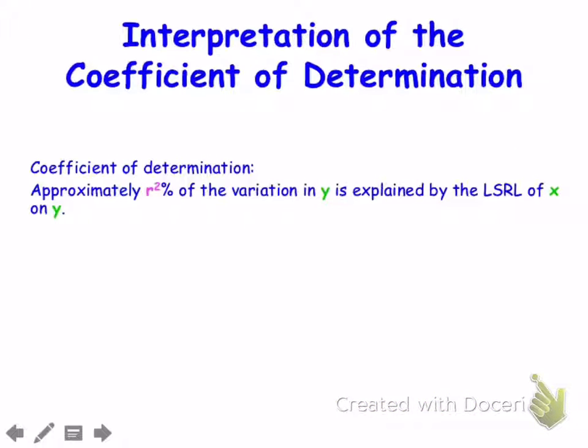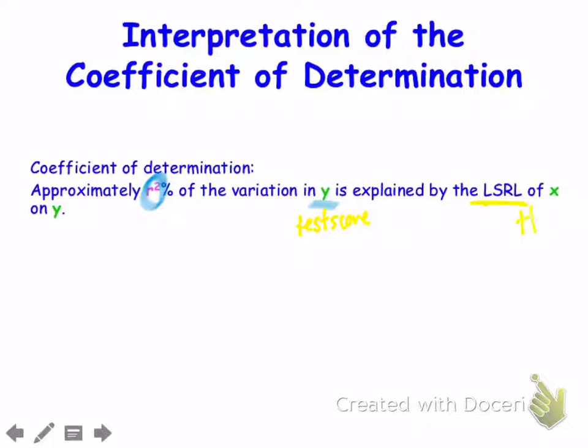Correlation is not. So our formal script that I want you to memorize is, so approximately R squared percent, this is in a percent, of the variation in y, so the variation in test score, can be explained by the LSRL of x and y, or y on x.